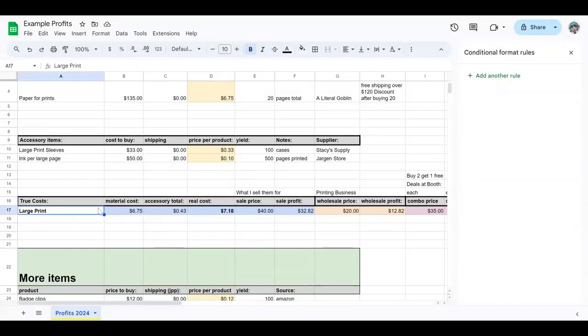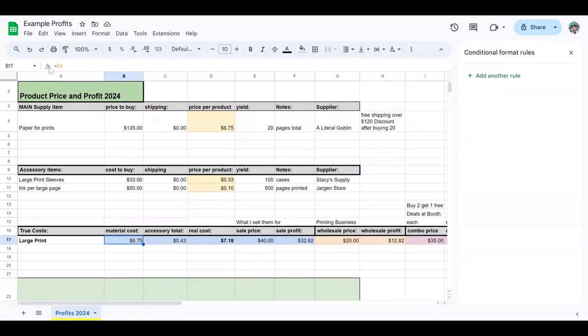So for one large print, you can see the math going on in the function bar up here. We take this box, which is the price per product, and we put it right here. So you just say equals D4, or whatever the box is where your price per individual product is.